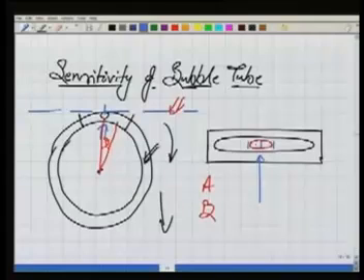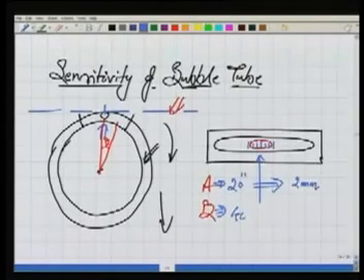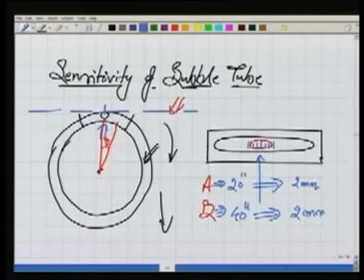But it will appear as if the bubble has moved slightly. So if I make some graduations here, in our bubble tubes generally the graduations are of 2 mm. If for tube A I need to rotate it by 20 seconds of angle in order to move the bubble by 2 mm, and in the second case I need to rotate it by 40 seconds to move it by the same 2 mm, which of these two bubble tubes is more sensitive?